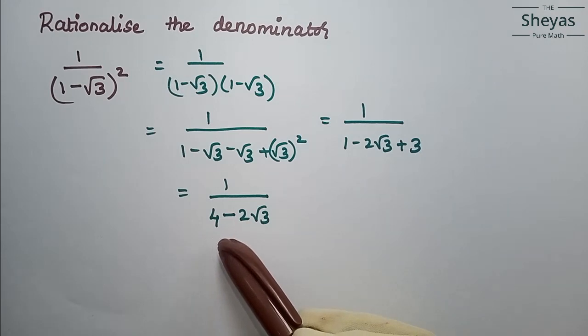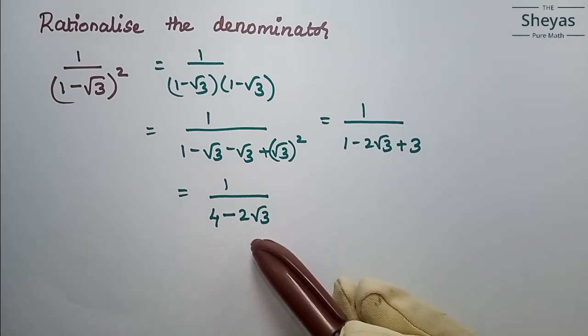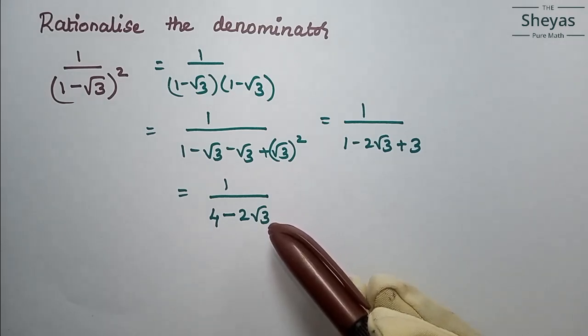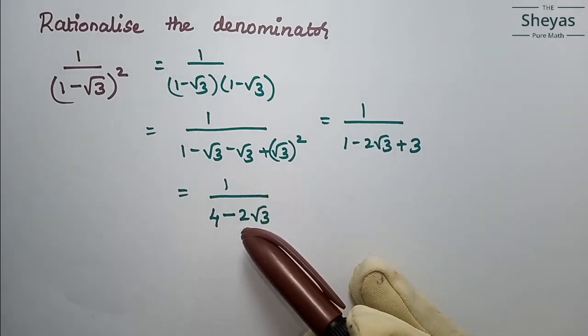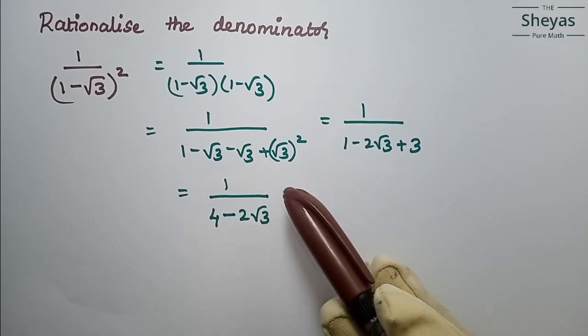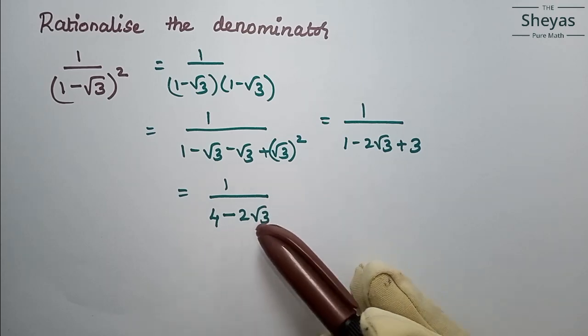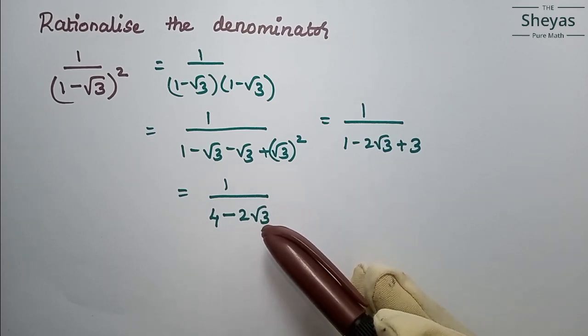So now you have got the form a minus root b. If you are getting a minus root b, then you have to write the conjugate a plus root b and multiply the numerator and denominator with a plus root b. That is 4 plus 2 root 3.